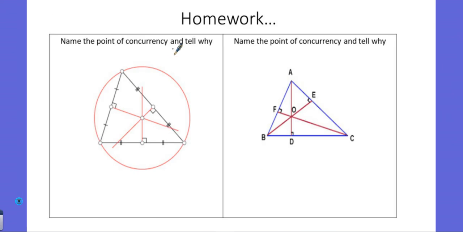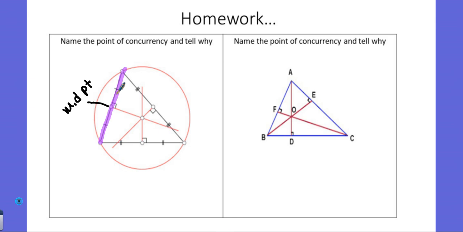Next, it says name the point of concurrency and tell why. Well, let's look at what's going on. I see a circle on the outside, but let's dig into it a little more. So here's my point of concurrency, and I noticed here that I have another midpoint. That's the midpoint. And I noticed that this red line right here is crossing this purple line at a 90-degree angle.